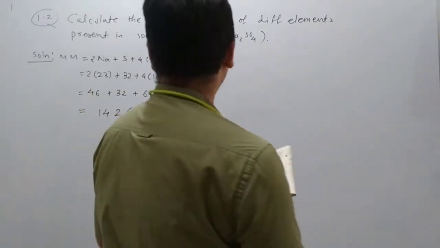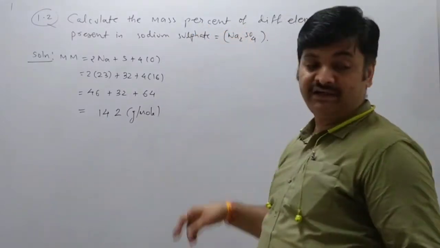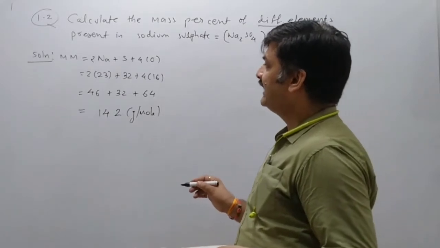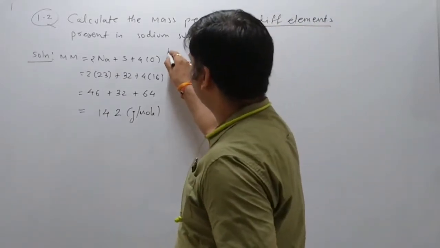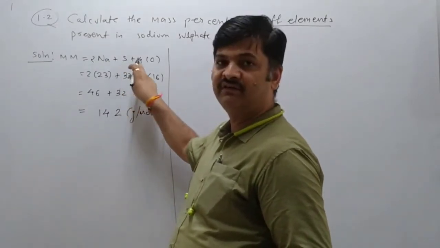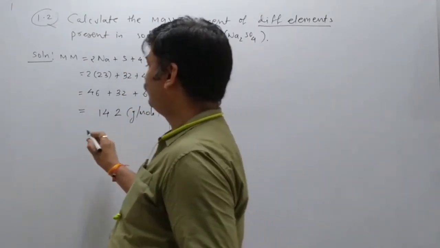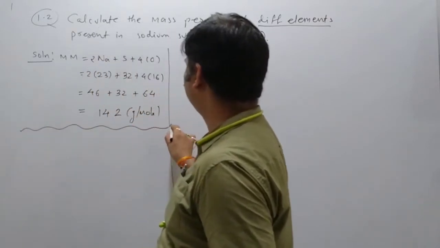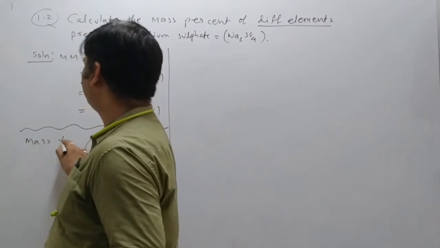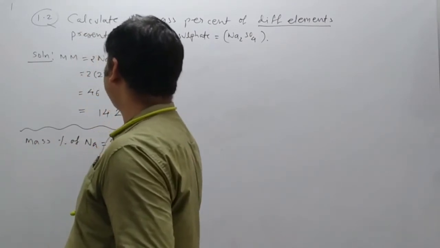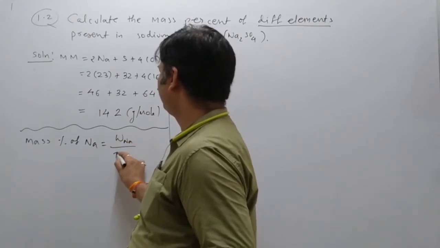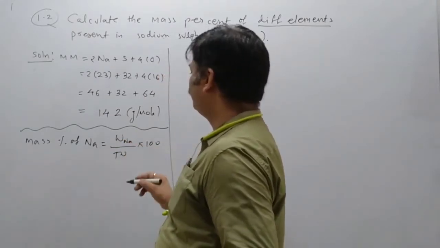Now in this question, you have to find out the mass percentage of the different elements. So how many elements are there? Sodium first, then sulfur, then oxygen. Mass percentage of sodium is equal to the weight of sodium upon total weight into 100.